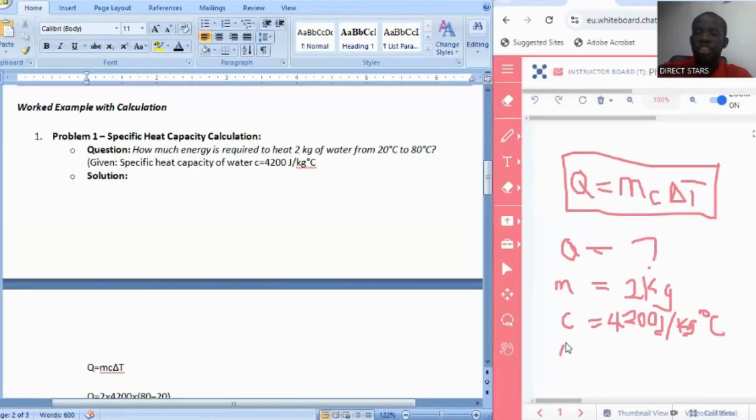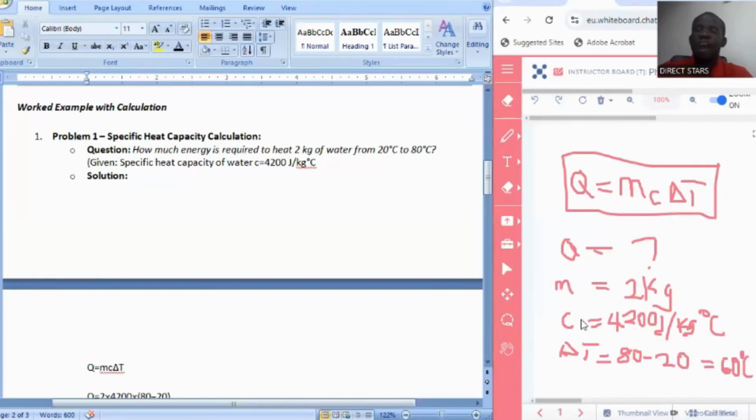Then the change in temperature. We said the temperature goes from 20 degrees to 80 degrees. What's the change? 60 degrees Celsius.